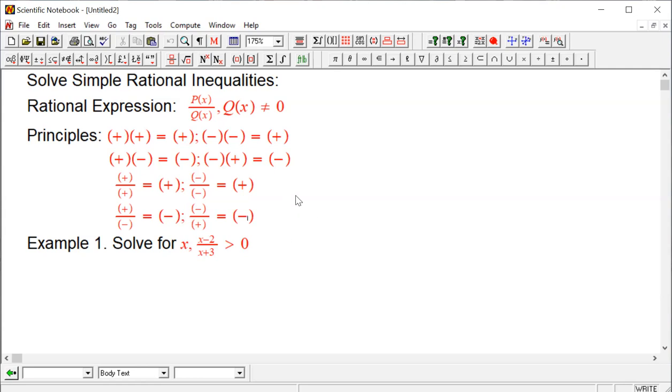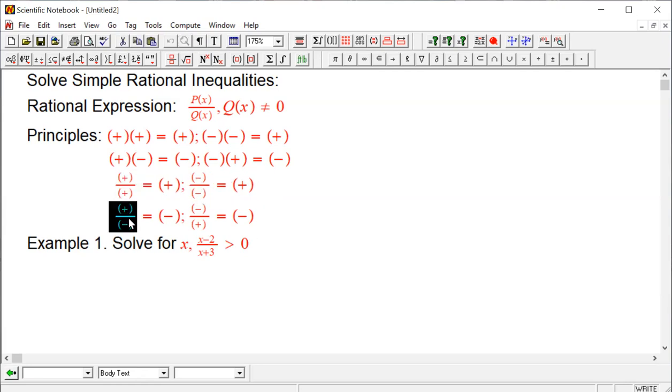In other words, when we multiply two numbers, if both are positive or both are negative, we get a positive. If the two numbers have different signs, the product is negative. For quotients, it's the same thing. When we divide two numbers of the same sign, the quotient is positive.